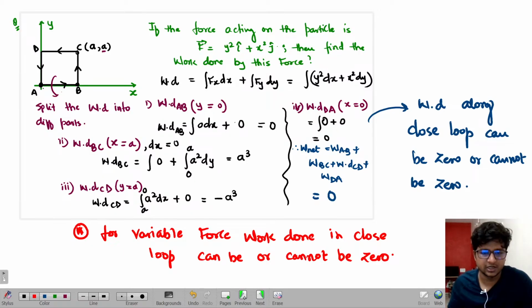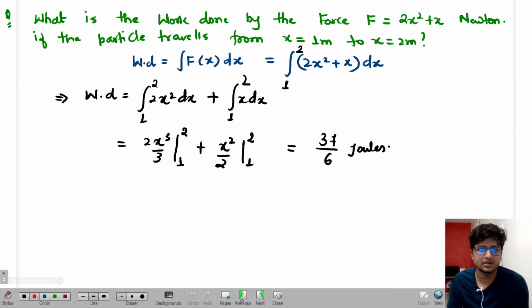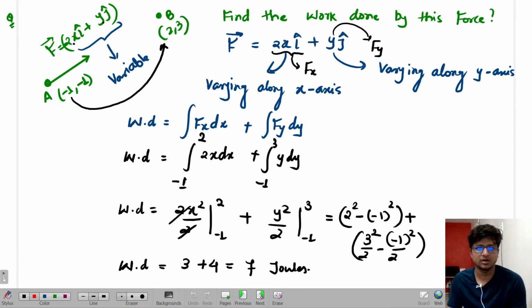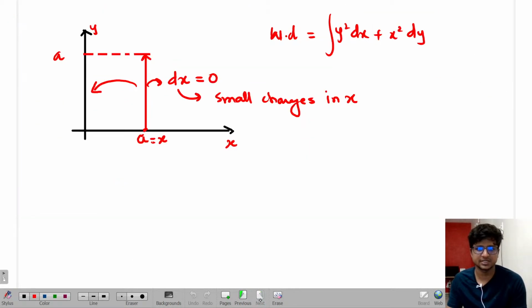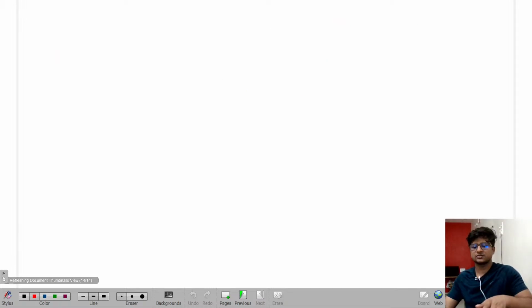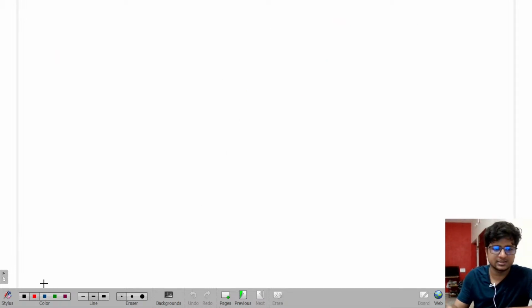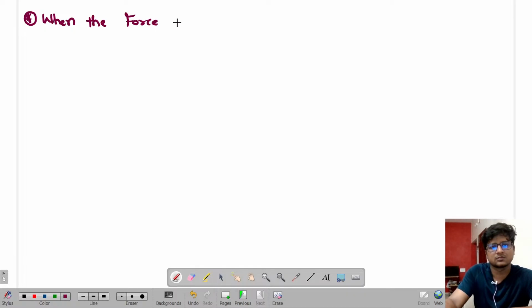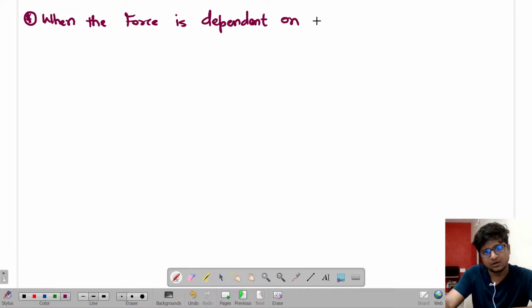Now moving to the next part. See, this whole series was about force which was dependent on length, meaning path basically. Now there is one more dependency, and that is when force is dependent on time.